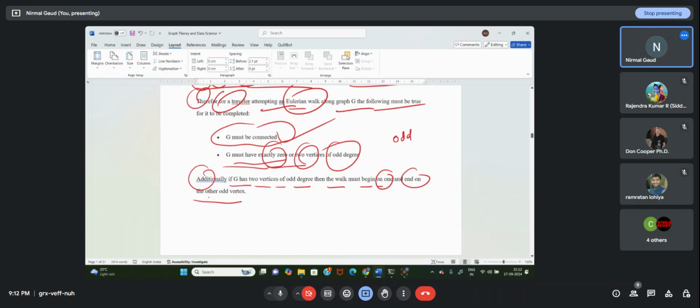He told that the graph should be connected and there should be either 0 vertices of odd degree, or there should be two vertices of odd degree.